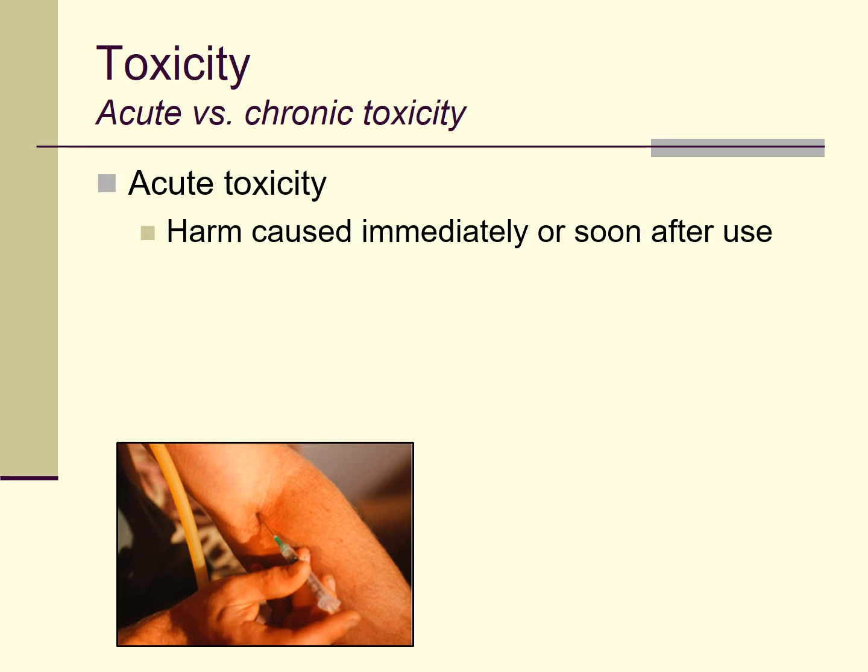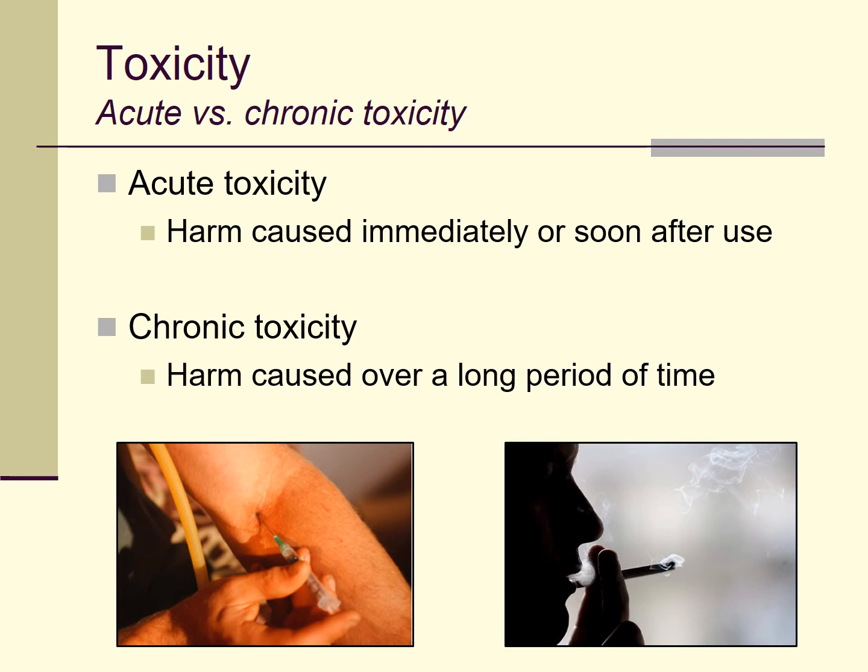Well, as you ponder this question, what you're really thinking about are these ideas that I mentioned a little bit earlier: acute toxicity and chronic toxicity. There are drugs which clearly have a high level of acute toxicity. Heroin's a good example of that, especially if it's injected, as you can see in this image here.